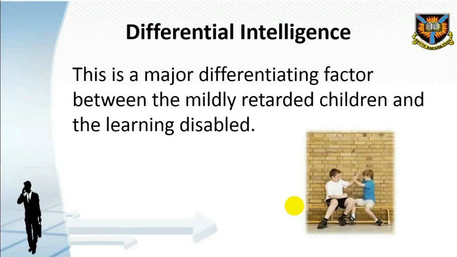Note, children with learning disabilities also exhibit secondary behavioral disorders. These behaviors are not specific to any particular level of intellectual functioning, that is, whether below average or above average intellectual level.